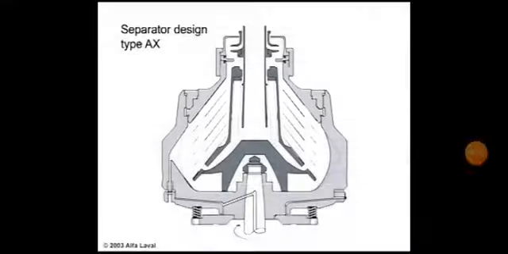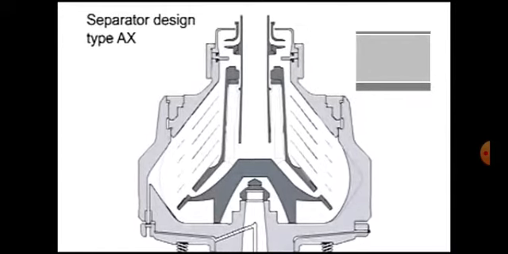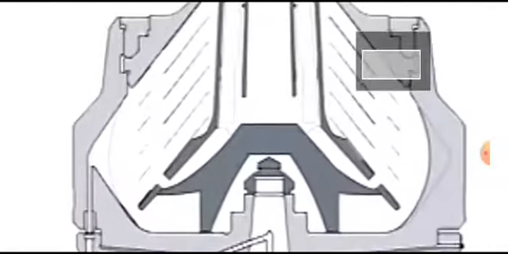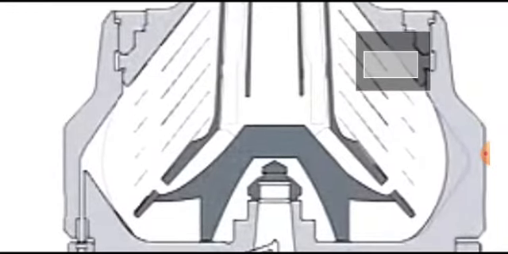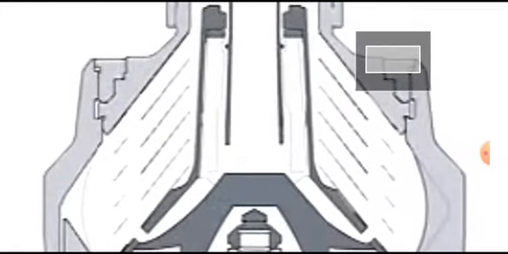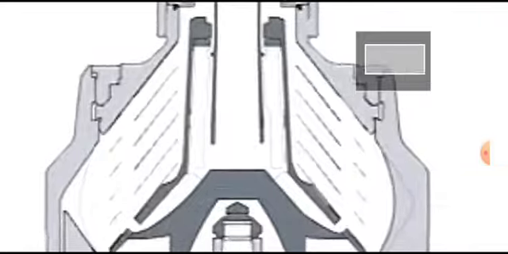This animation shows the operation. You can see the design of this centrifuge. These are the plates. You can see the discs which are arranged at 45 degrees.